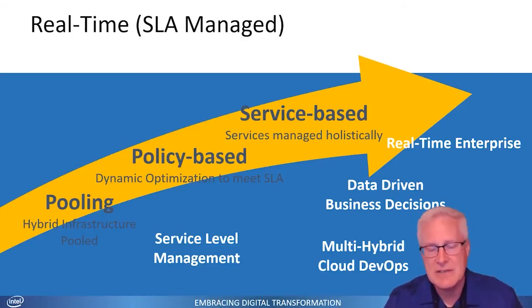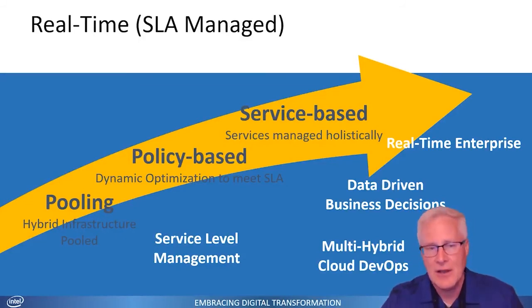In this phase, I talk about three different subphases: pooling, which is hybrid infrastructure pooling, policy-based orchestration, and then all the way up to service-based, where now I have a real-time enterprise. It's optimizing my infrastructure and my services. Why run a service when I don't need it? I should only run services when they're needed.